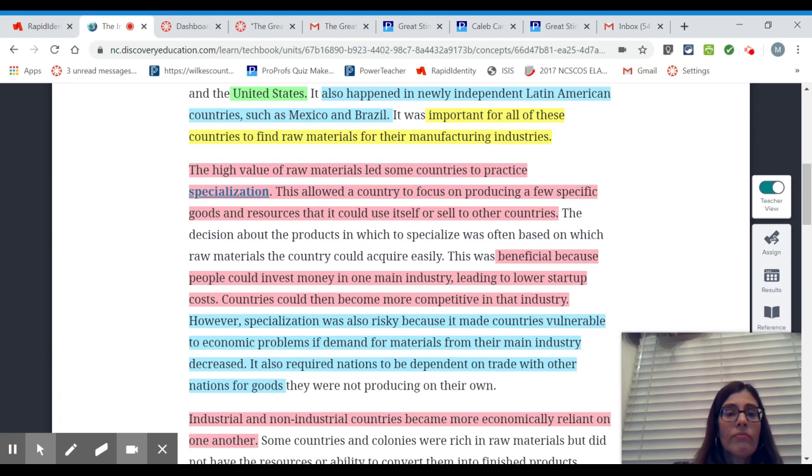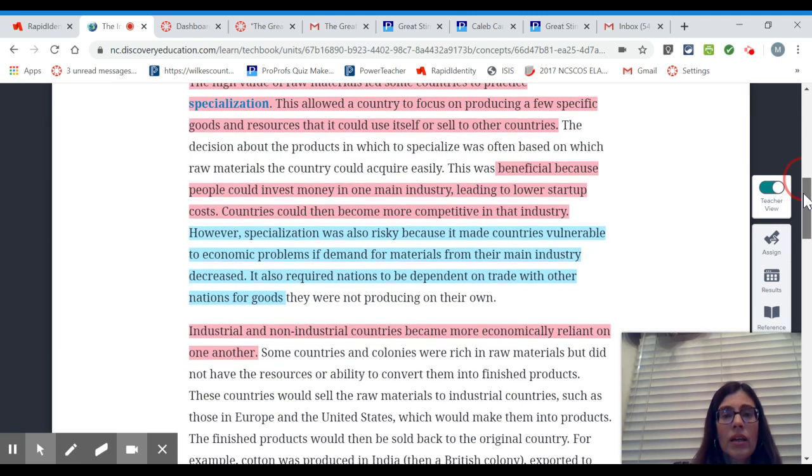And that allowed them to gain wealth because they knew they could do that one thing that people needed and they could do it very well. So specialization was beneficial because people could invest money in this one main industry, and it didn't cost all that much because you were just investing in that one company and that one product. And that allowed them to become competitive with other countries.